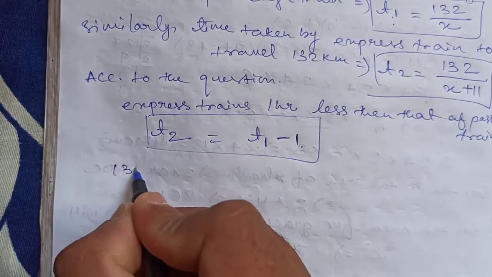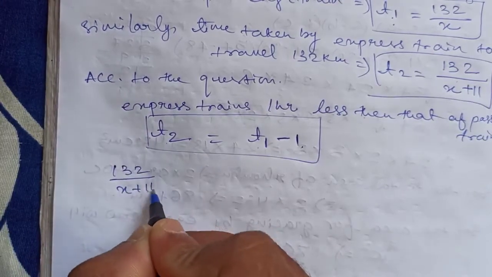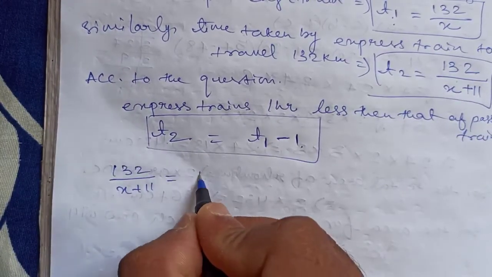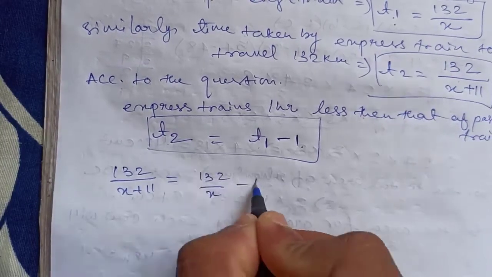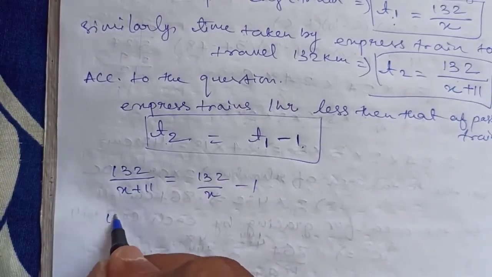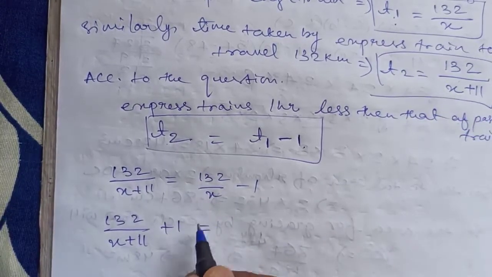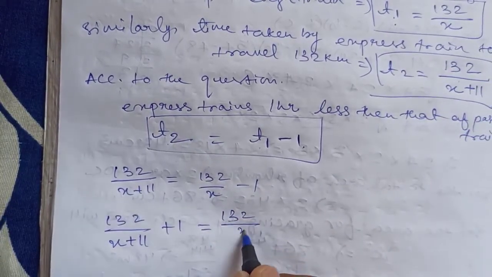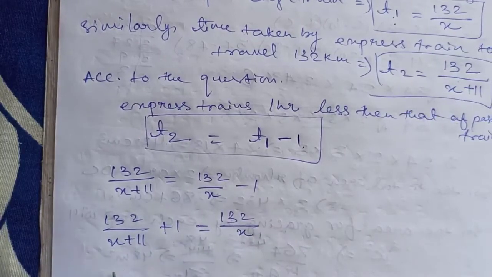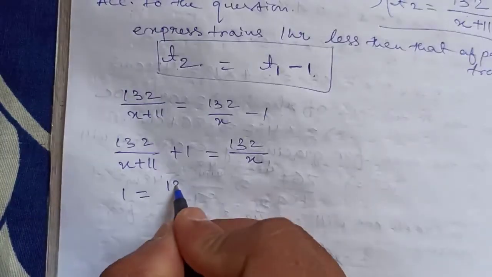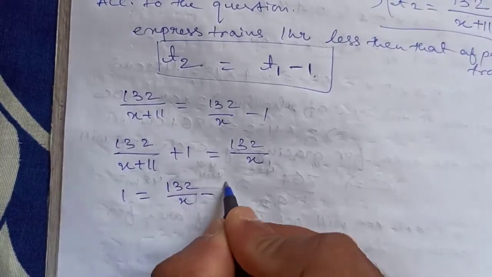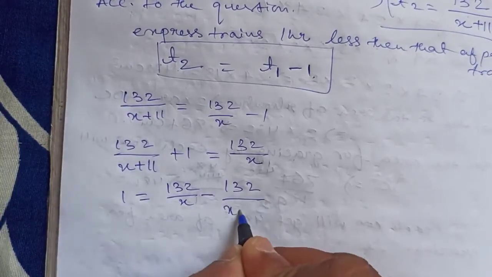Now we will substitute the value. T2 we got 132 by x plus 11 and T1 we got 132 by x. T2 equals T1 minus 1. Bring 1 this side. 132 by x plus 11 plus 1 equals 132 by x. Bring this term this side. 1 equals to 132 by x minus 132 by x plus 11.